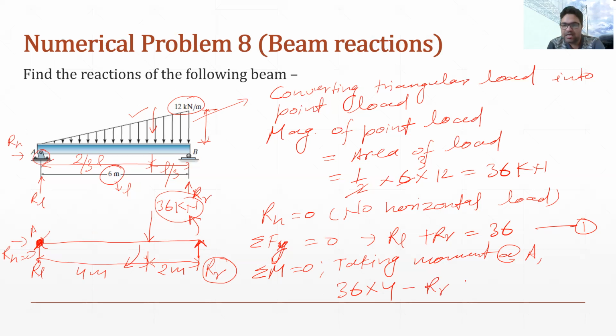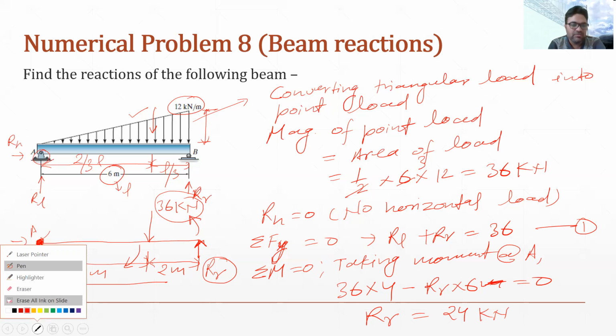So this becomes RR multiplied by the perpendicular distance, which is 6 meter. So now RR value will be 24 kilonewton.